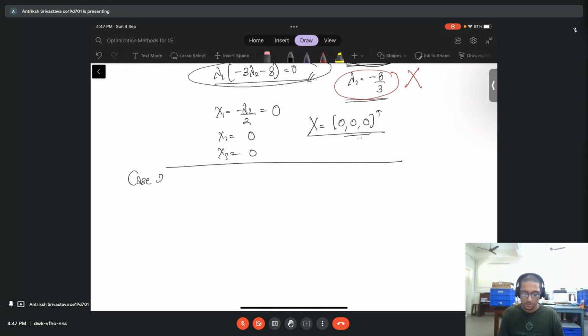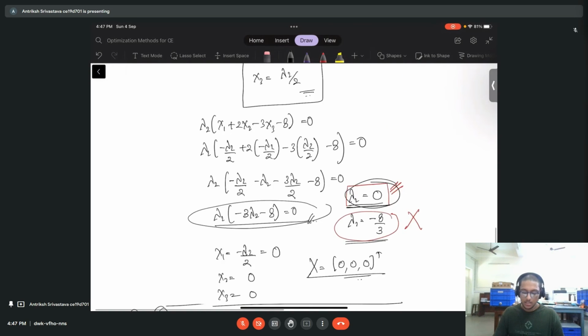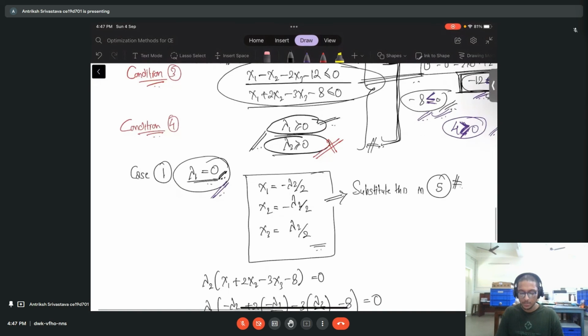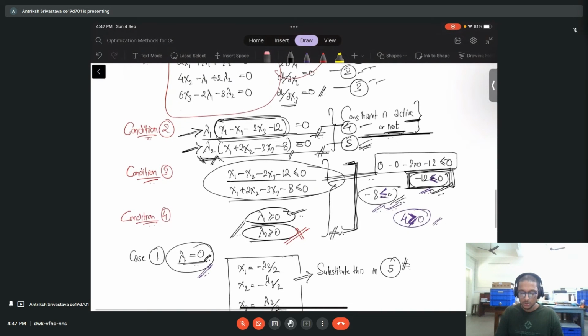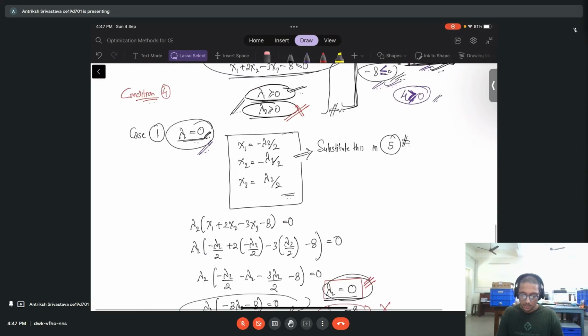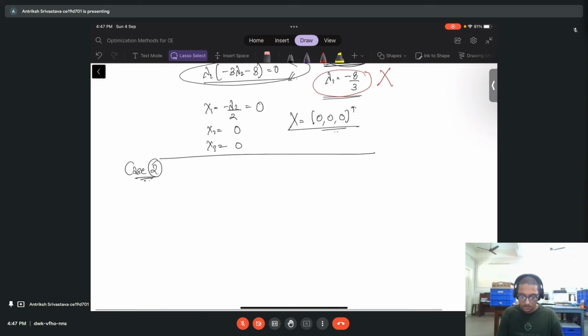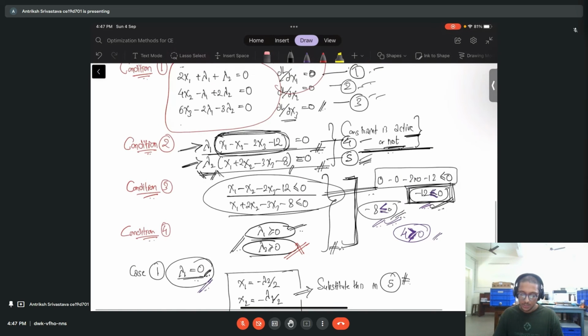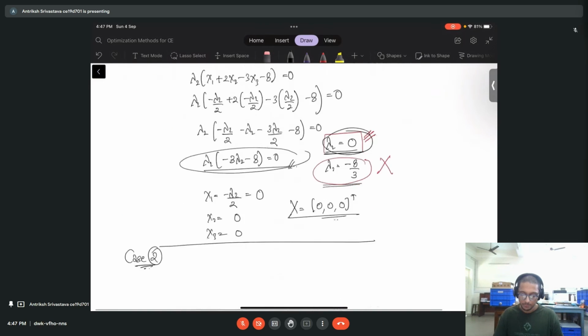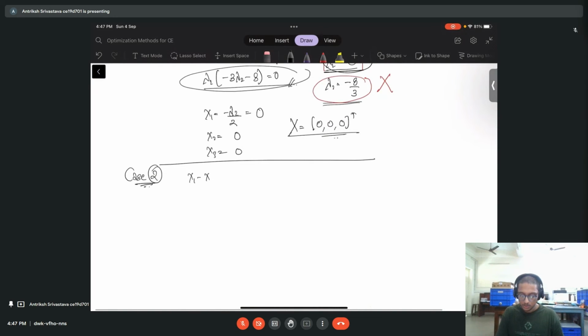So what was case 2? Case 1 we assumed lambda 1 is equal to 0. Case 2 will be this inequality is equal to 0. Let me take this inequality from here. Okay, I'm not able to paste it, so let me just write it: x1 minus x2 minus 2x3 minus 12 is equal to 0.